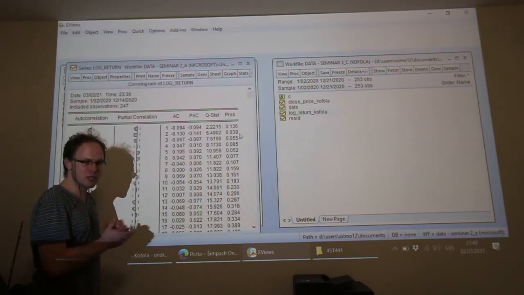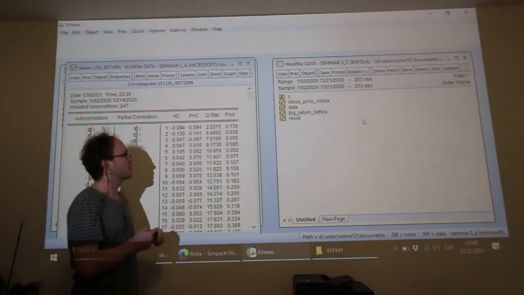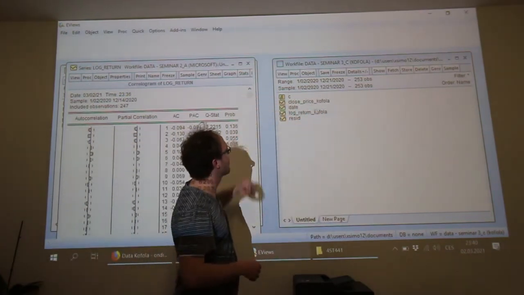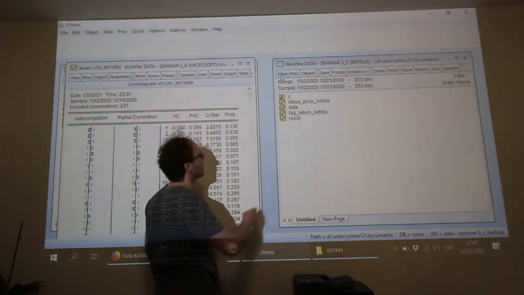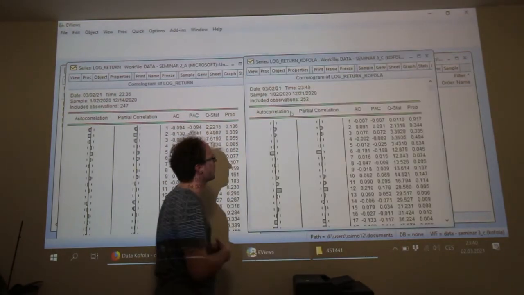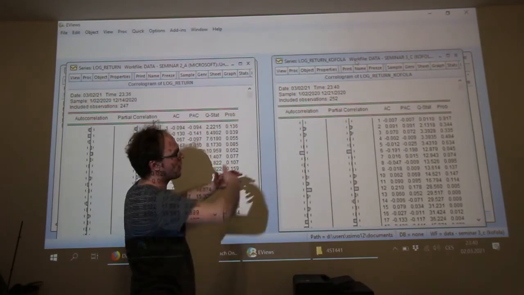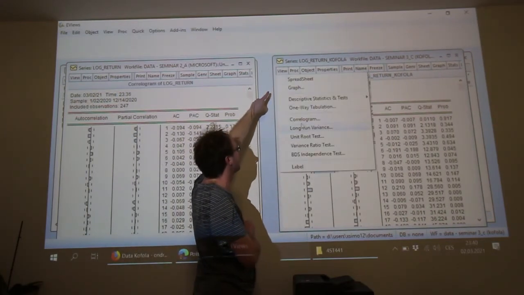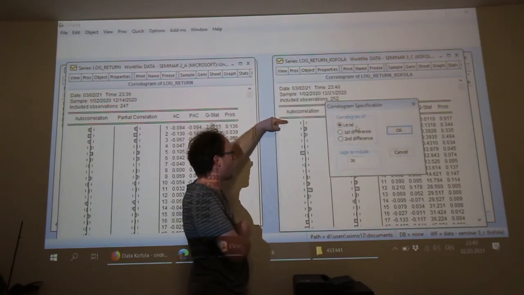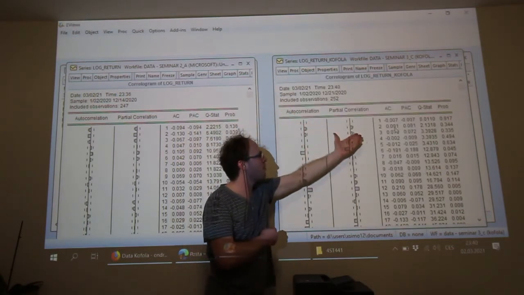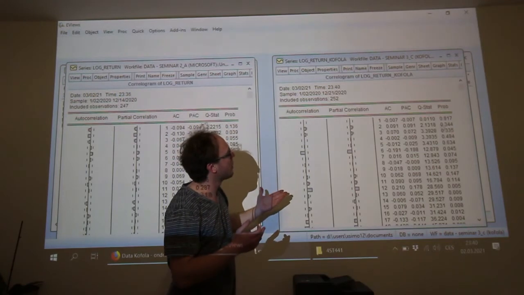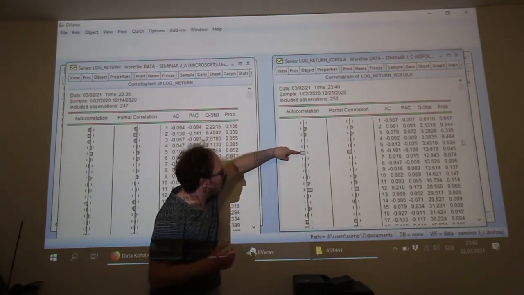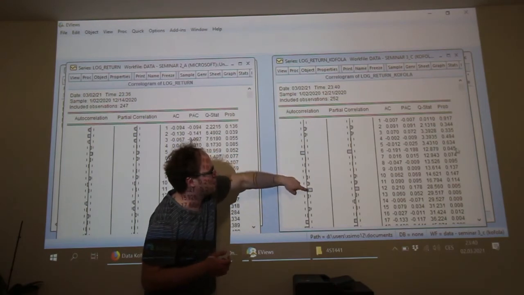And we can do the same with the second data set, log returns of the Coca-Cola company. Again, we can double click on log returns, and if you cannot see this chart, please click on the View button, Correlogram, and correlogram of level, yes, and almost everything is clear. You can see this peak and this peak.